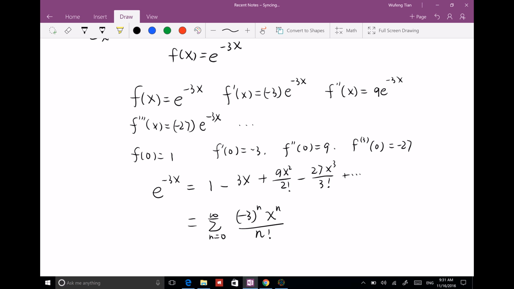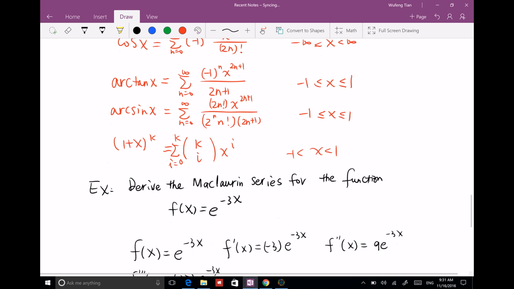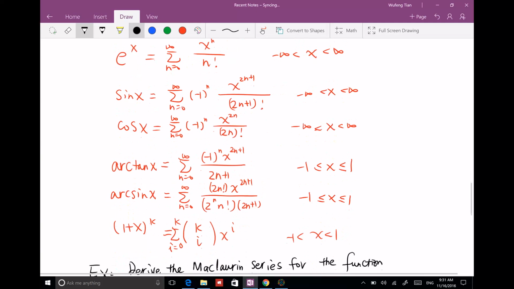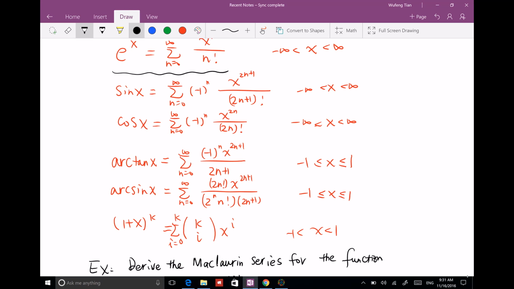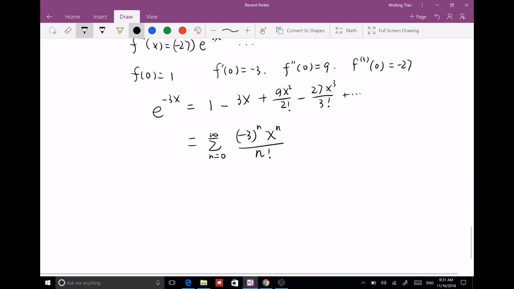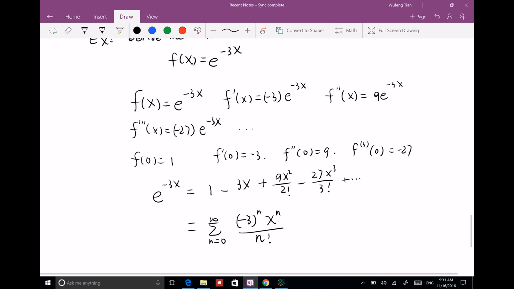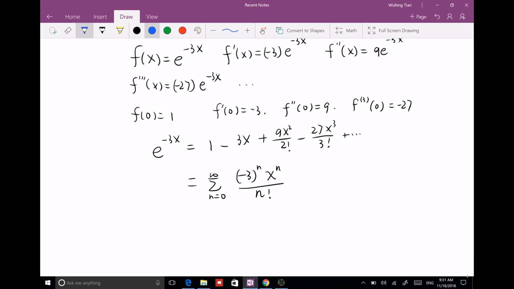But if, for example, you memorize the formula, the formula for e to the power x is here. If you know that e to the x equals the sum from n equals 0 to infinity of x to the power n over n factorial, look, this is x, this is x.